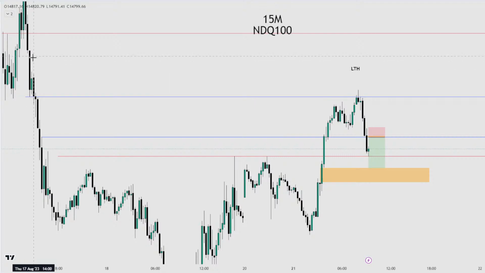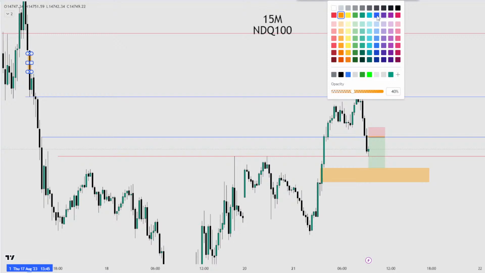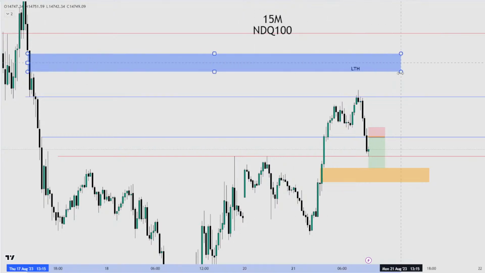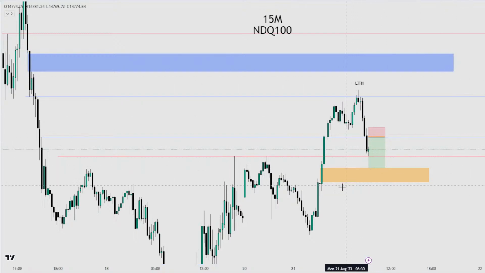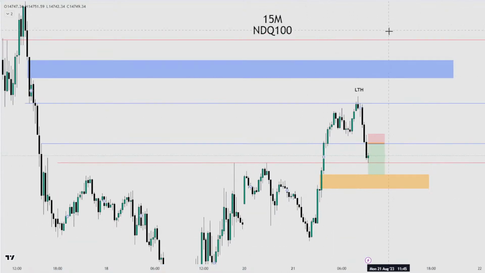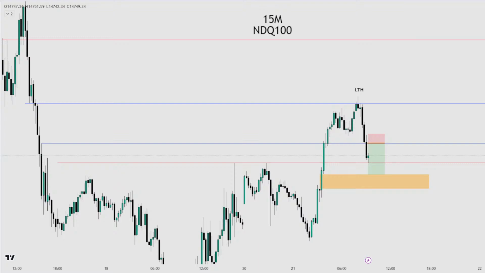I'd say probably this gap above. Yeah, this gap above would be the buy side. And then this would be the sell side. But we're going to trade it later when we come to silver bullet.